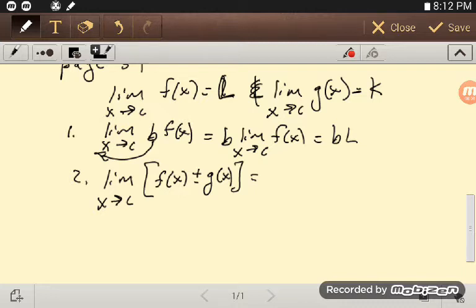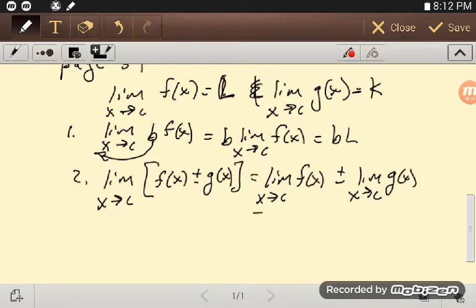And so I can say that this is just the limit as x goes to c of f of x, and then plus or minus the limit as x goes to c of g of x. And so that's L plus k, or plus or minus k, depending on whether I was adding or subtracting.